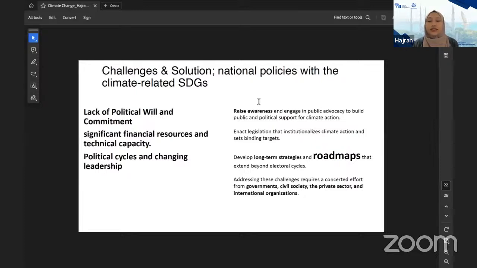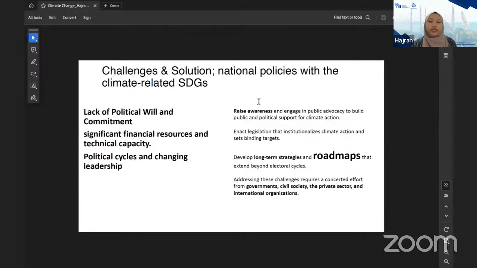And last but not least, about the roadmaps. To overcome, for example, the political cycles and changing leadership, because you know that here in Indonesia, the presidents or the legislators do not stay there forever. They have limited terms, only like 5 years.